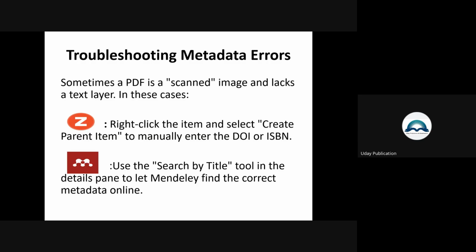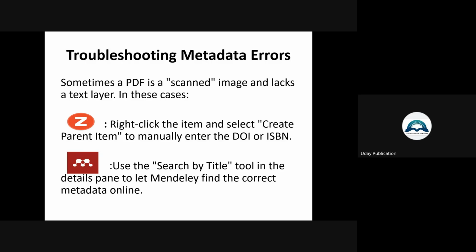So when you create from Zotero, you can right click the item and select create parent item to manually enter the DOI or the ISBN. With the ISBN number you can manage that and open that content. But it should be ISBN content. Without ISBN content, you may not create it in Zotero. Whereas in Mendeley, use the search by title tool in the detail pane and let Mendeley find the correct metadata online.